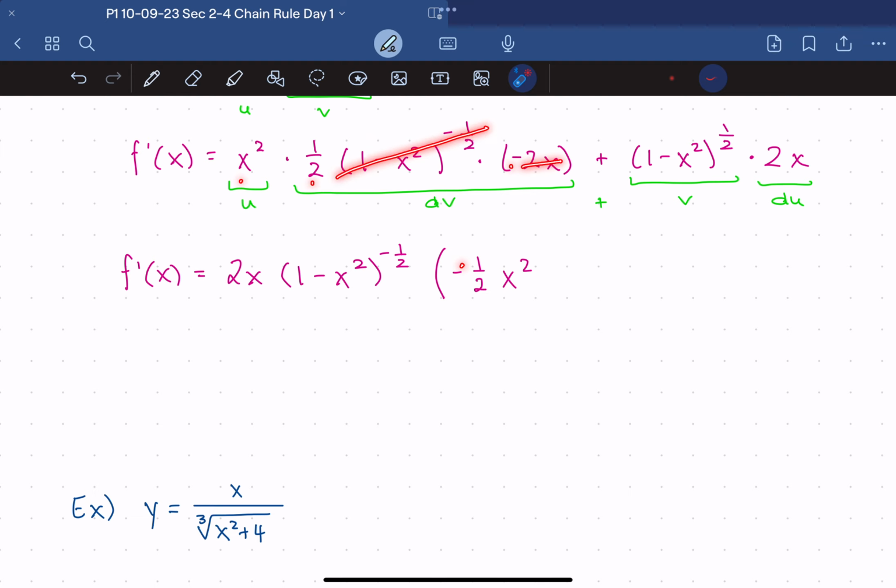I still have the 1/2 x squared. So that's the first term. And then in the second term, I got a plus sign, 2x has been factored out. And then I have this. Remember, to find your new exponent, subtract the exponents. 1/2 minus negative 1/2 is positive 1. So this is just to the first power. I don't even need to write that.